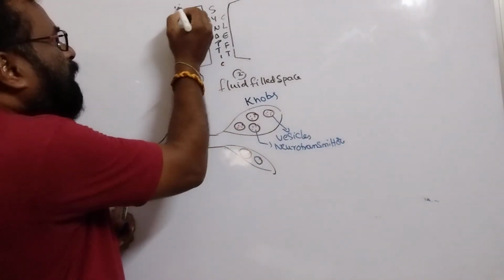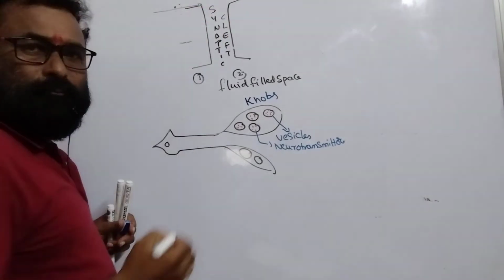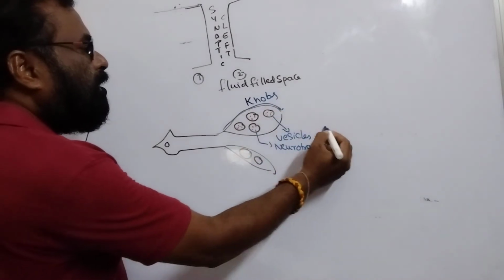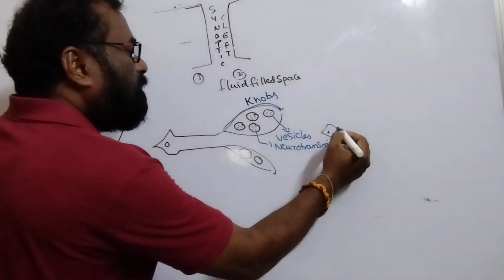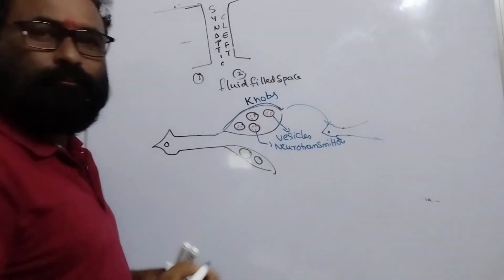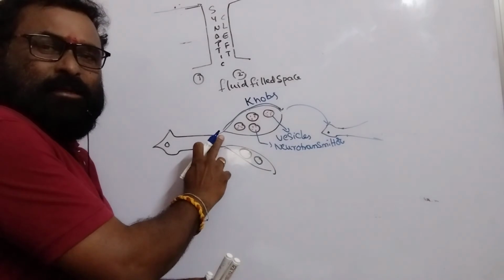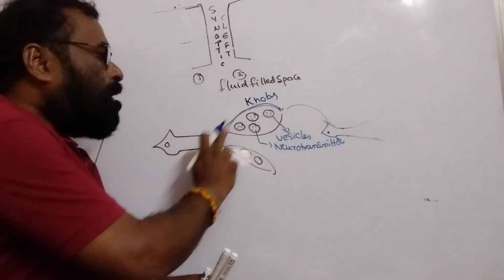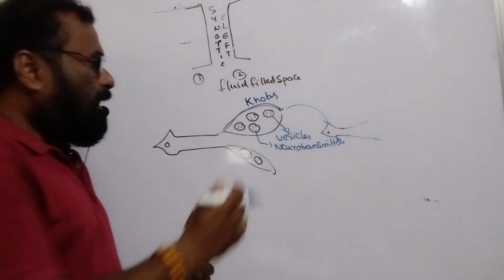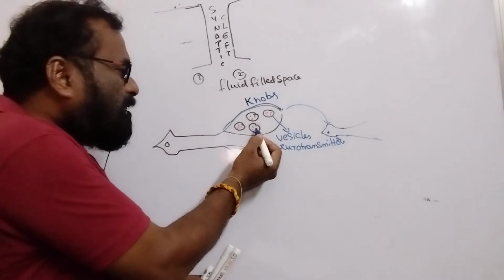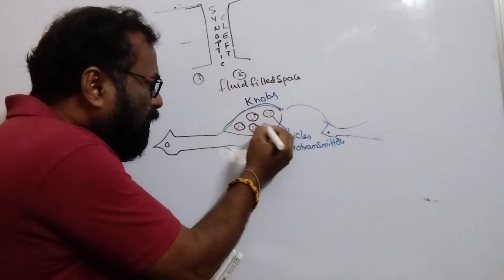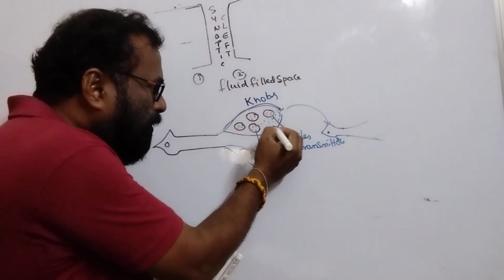Whenever the action potential is propagated, it jumps from this neuron to the next neuron. Always the action potential jumps from one neuron to another neuron through this gap. The vesicles liberate the neurotransmitters, which move up to this membrane.